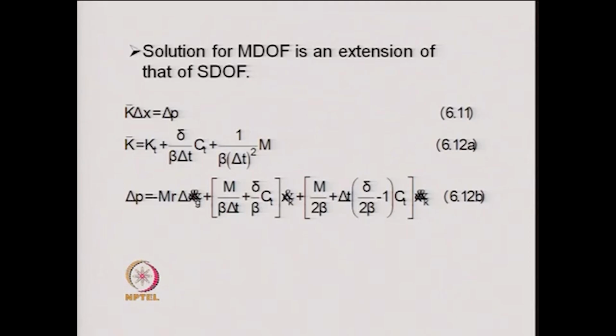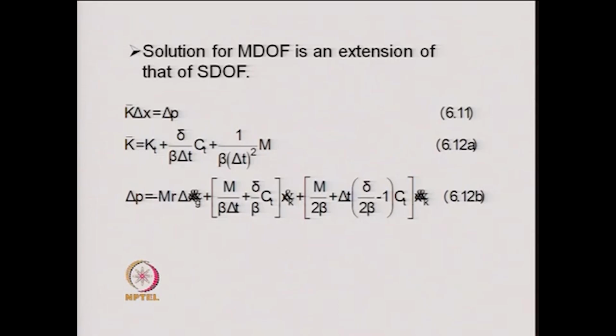Here k bar is a matrix instead of a single quantity as in the single degree of freedom system, and delta p is also a vector, and delta x is a vector.